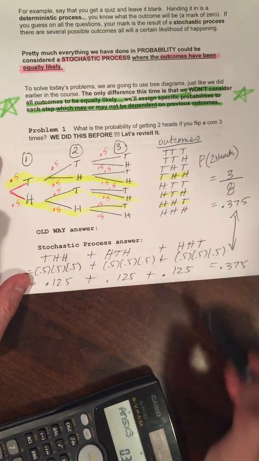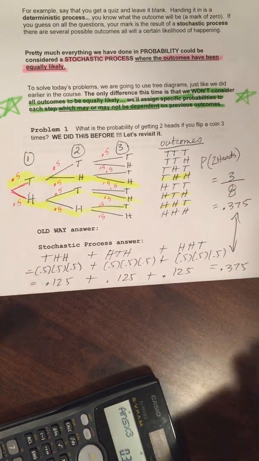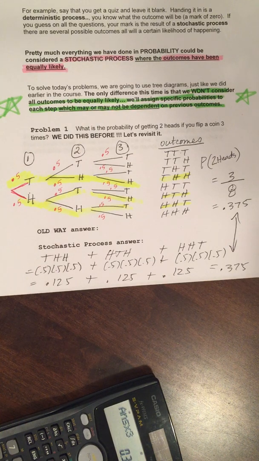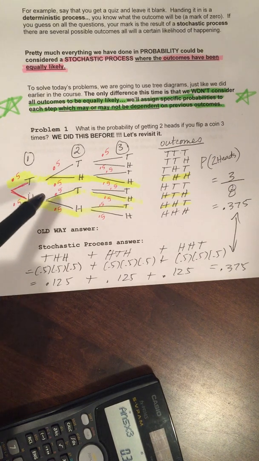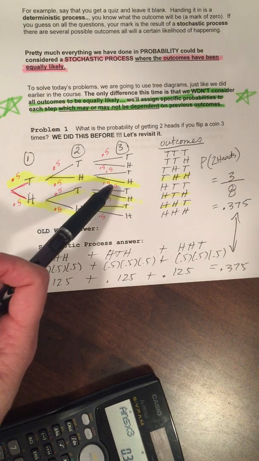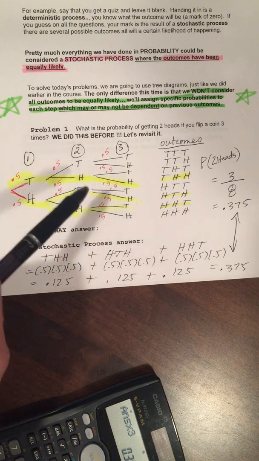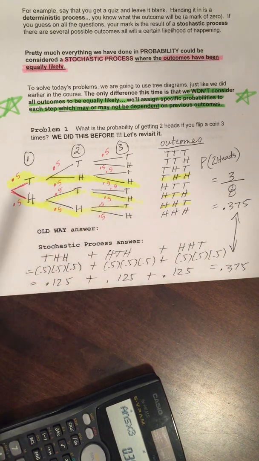Traditional way, stochastic way. Now, your question would be, well, Miss Martel, what do you think? Like, what should I use? When the probability is 50-50, I would probably go my traditional way. It's visual, you can see it, and your chances of making a silly mistake are less likely.